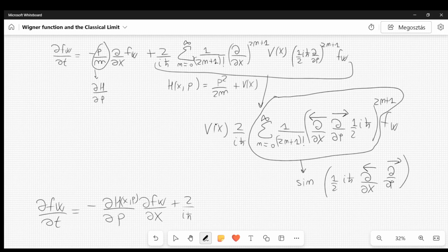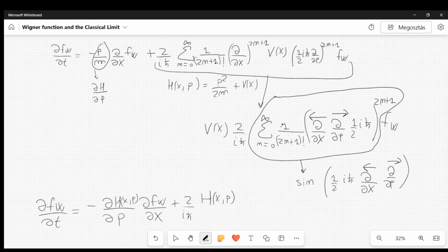Here I have v of x, but if you recall, since we only have to take derivatives with respect to x when we act on v of x, here we can replace v of x with h, the classical Hamiltonian, which is in general a function of x and p.